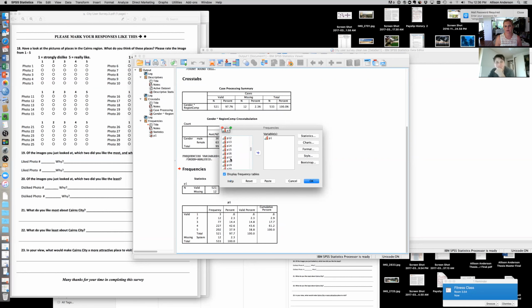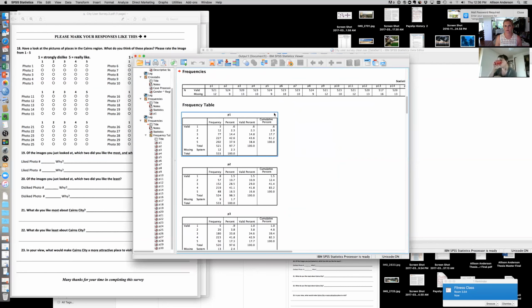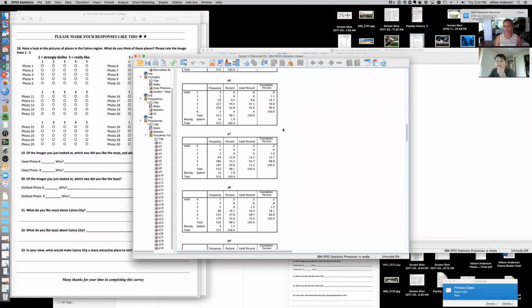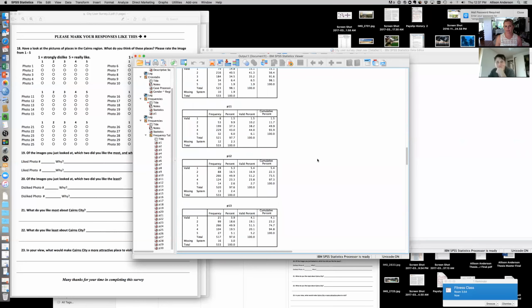I can calculate the mean, which I'll do later, but I can put all of them across, and that will calculate all of them straight away. So that's how fast I know how many people rated a P7 a 5 immediately, and that does it for all of those.